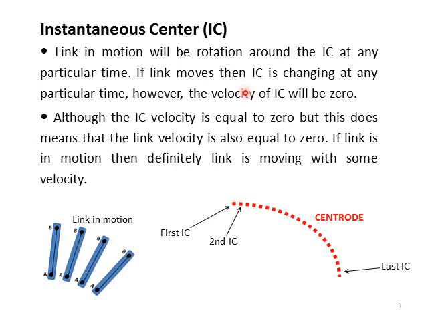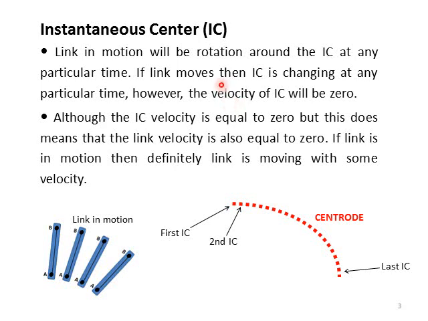So this link has a velocity, but the velocity of the instantaneous center will be equal to 0. Means there is no velocity concept for the instantaneous center. Although the link is moving, the velocity of the instantaneous center at any particular time, for any particular position of the link, will be equal to 0.